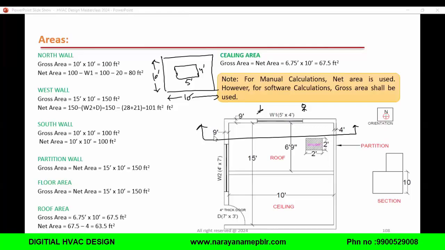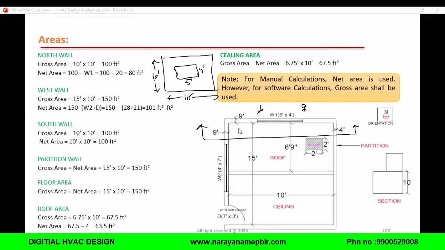Similarly for the west side. Another thing, net area. What is net area? Gross area is 10 by 10, which is 100. Net area is 100 minus the window. The window is how much? 5 by 4, right? 20. So 100 minus 20 is 80. Clear? Similarly for the west wall.